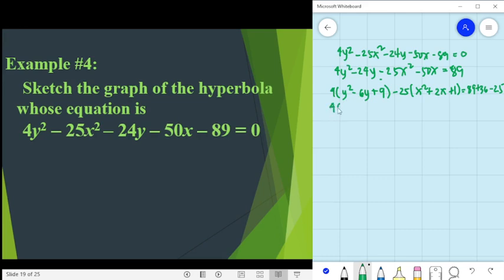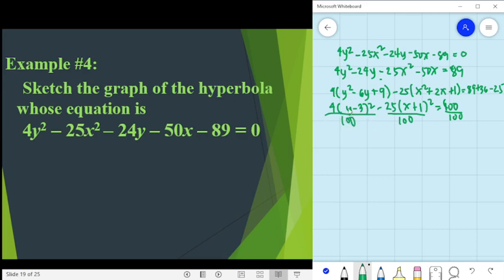We can now have 4 quantity y minus 3 squared minus 25 times quantity x plus 1 squared equals, what is the sum of 89 plus 36 minus 25? We have 100. Okay, so since we are going to make the right side be 1, we have to divide everything by 100.